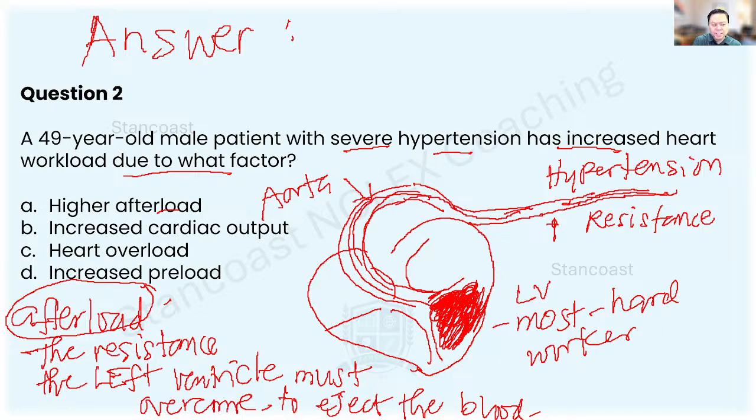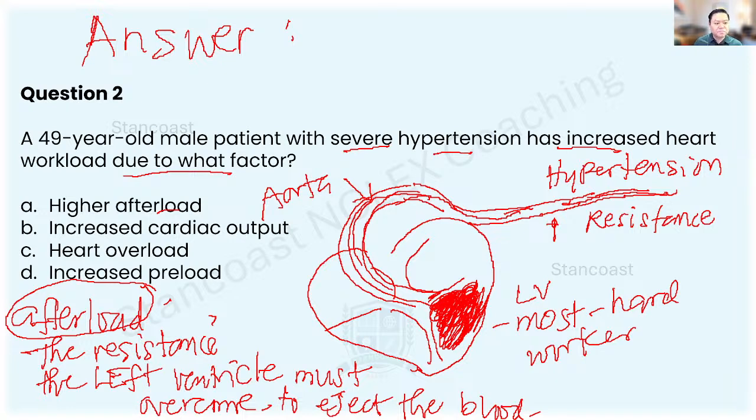All right, are you understanding this right now, guys? I just want to make sure that you understood the concept about the afterload. This is the resistance that the left ventricle must overcome in order for it to effectively pump the blood from the left side of the heart.